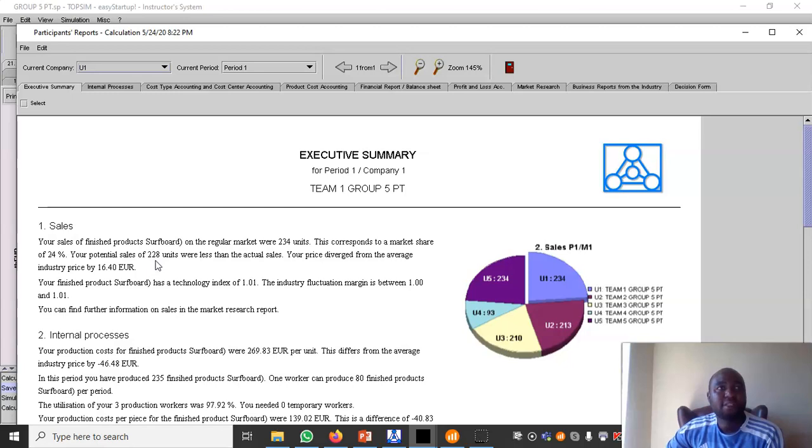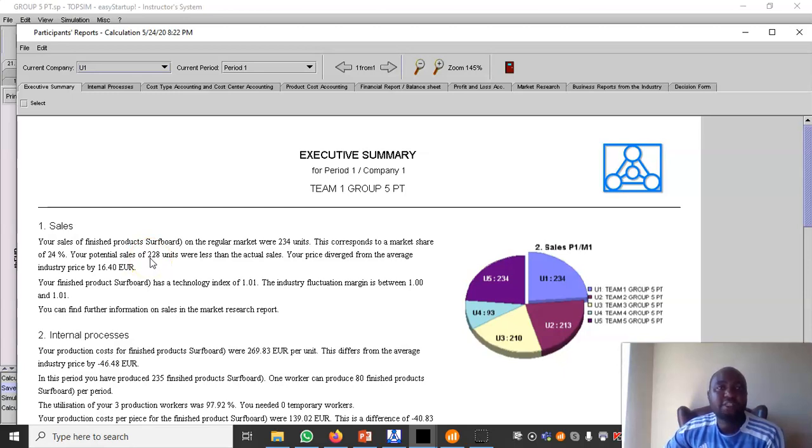But those customers were not really part of your demand. You were just lucky that the other companies sold out. So when you estimate your sales for the next 6 months, don't use what you sold. Don't use your sales, but use your potential sales, which is your demand for period one.